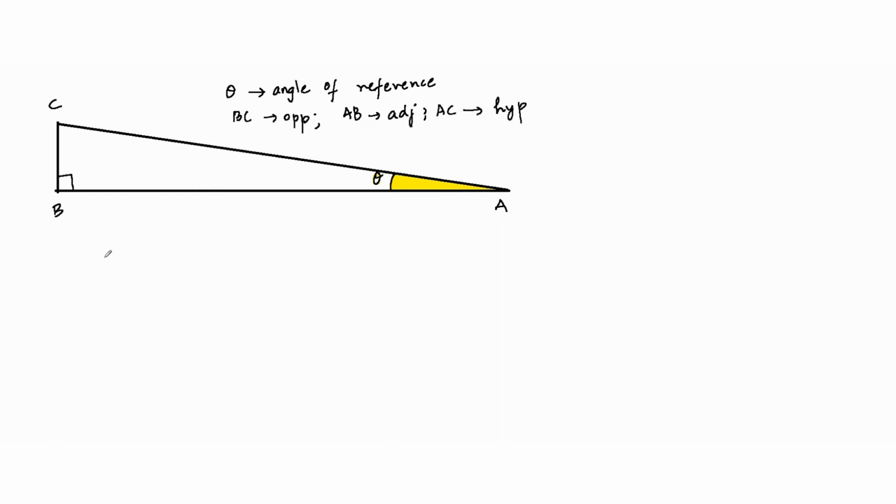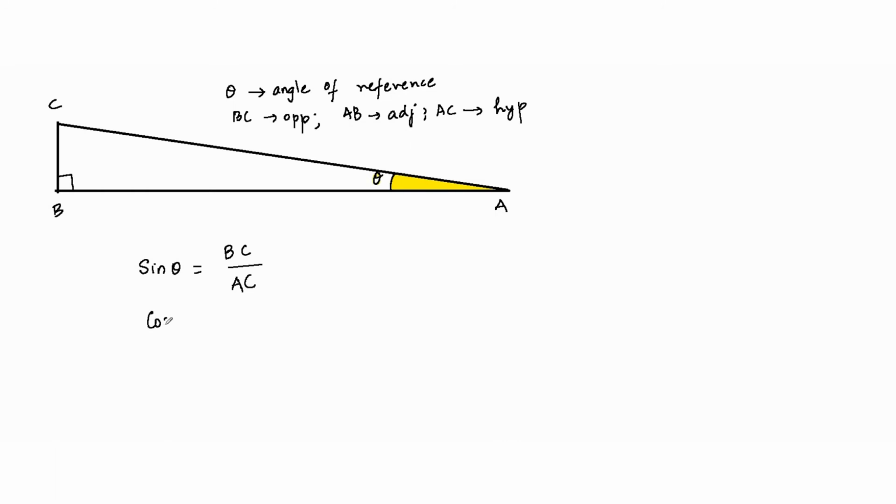Let us now write the three trigonometric ratios for theta. So we have sin theta. Sin theta is going to be equal to opposite side, which is BC, divided by the hypotenuse, which is AC.